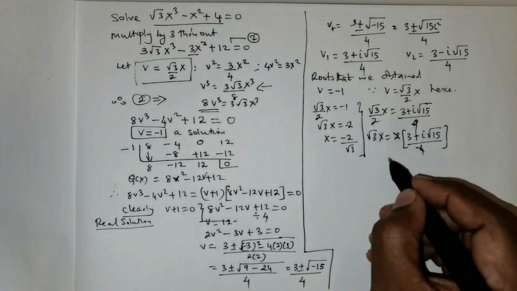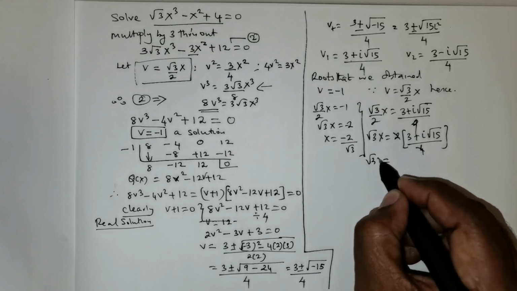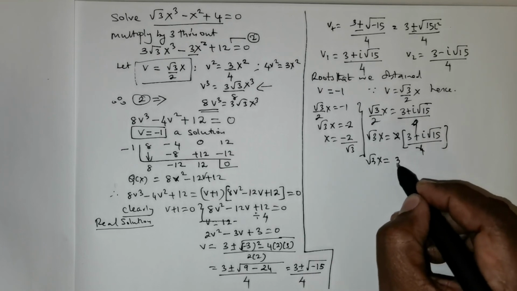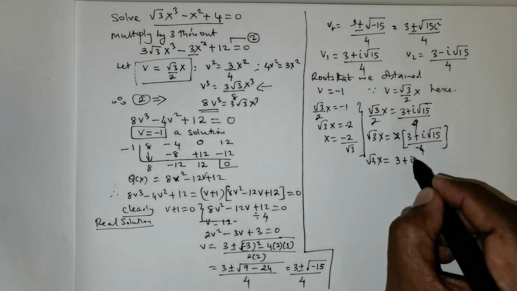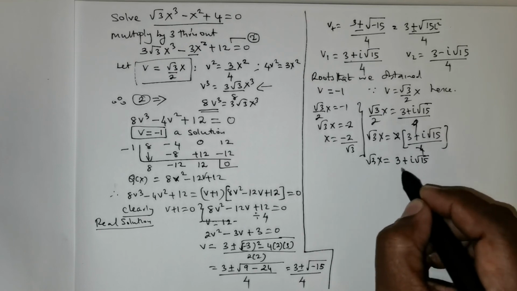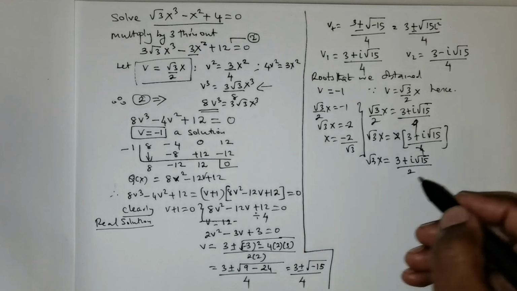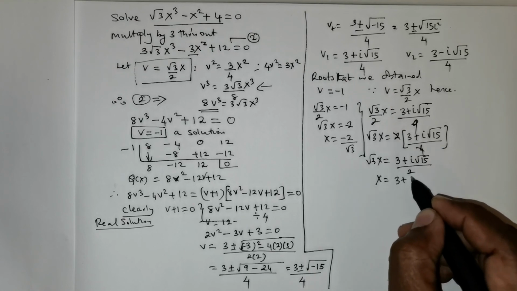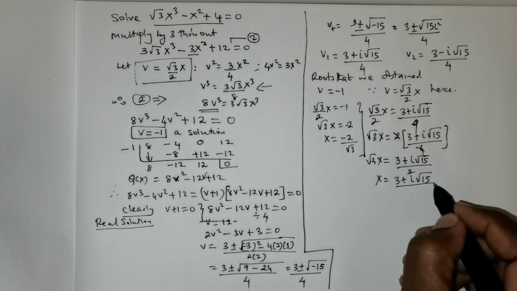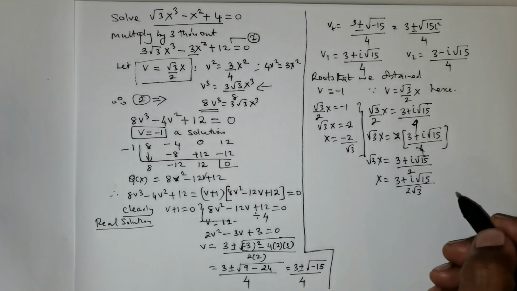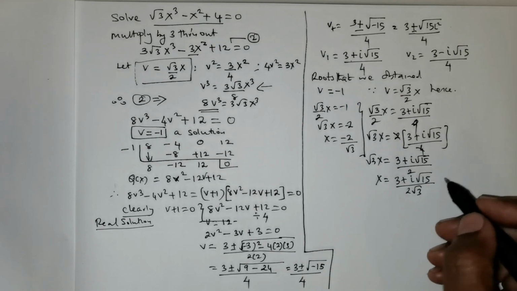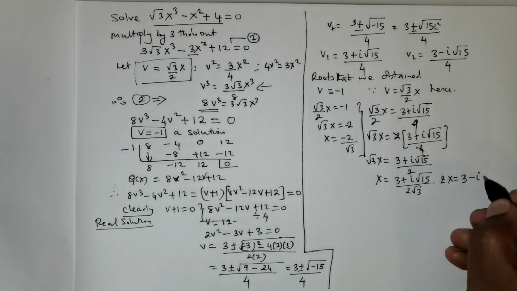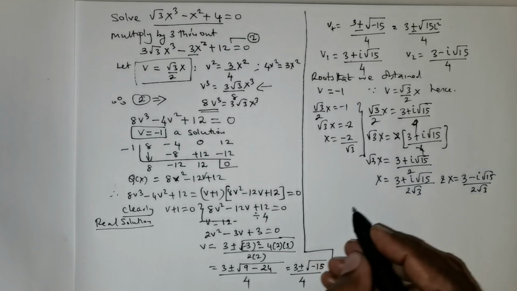Now 2 divides here 2 times, so I now have root of 3 times x equal to 3 plus i times root 15 divided by 2. Of course, I can rewrite this as x equal to 3 plus i times root 15 divided by 2 times root 3. So the other one is going to be 3 minus i times root 15 divided by 2 times root 3.